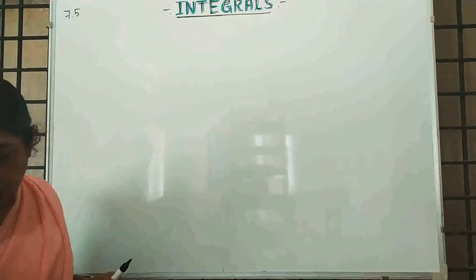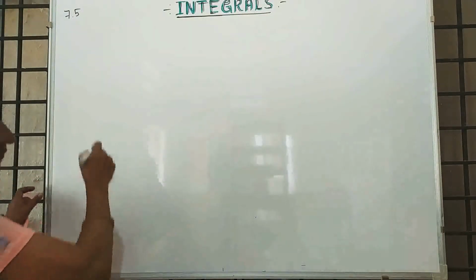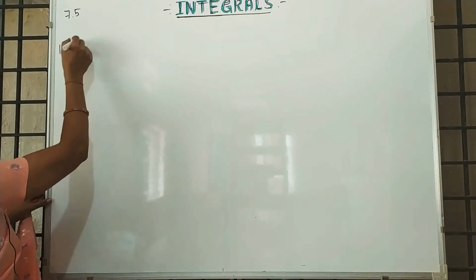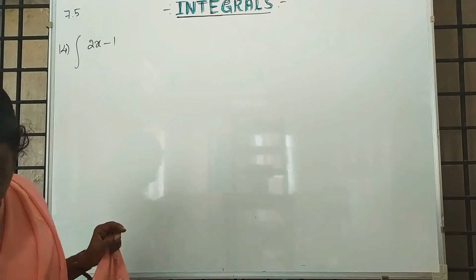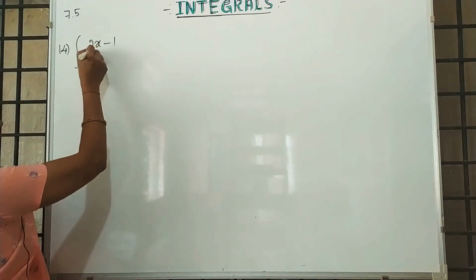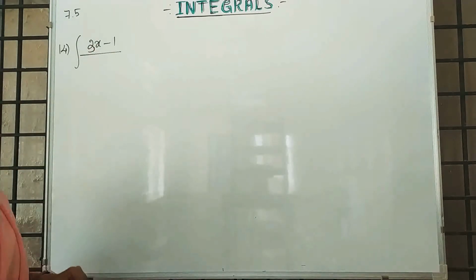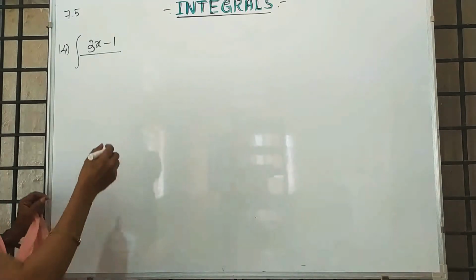Moving to the next question, that is question number 14. 3x minus 1 upon x plus 2 whole square.